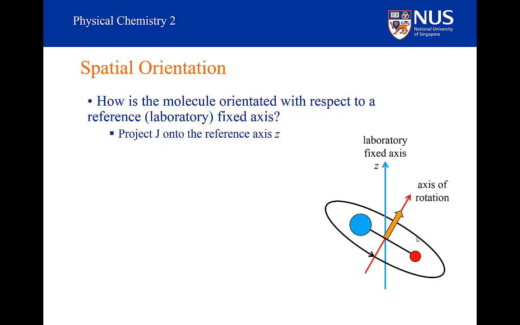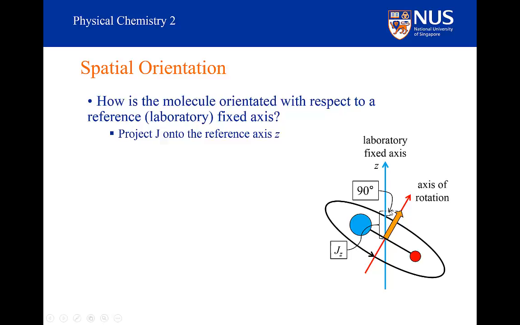So if this is my z-axis or laboratory axis in blue, and this is my rotational axis in red, and here is my angular momentum vector, I just project the angular momentum vector onto the laboratory fixed axis.